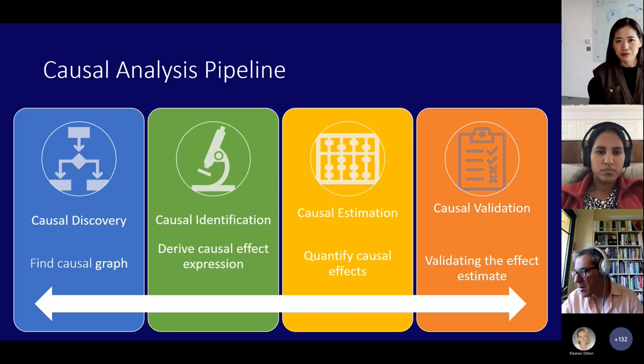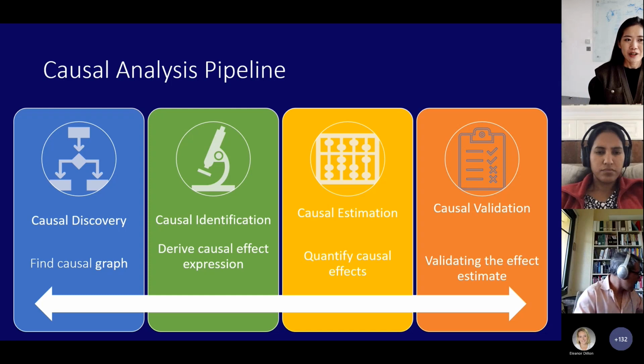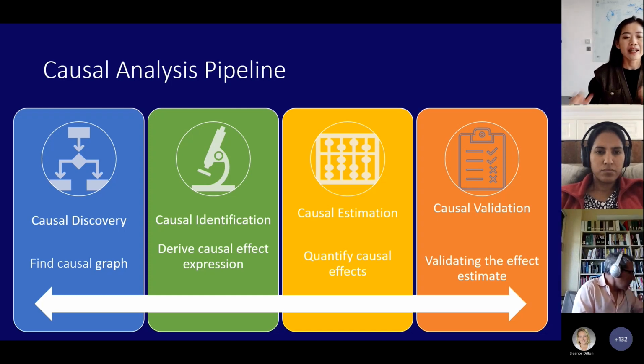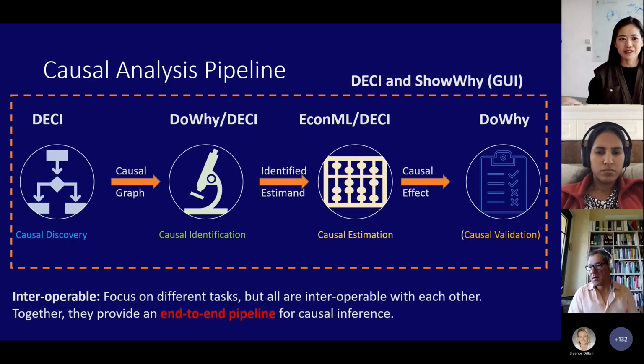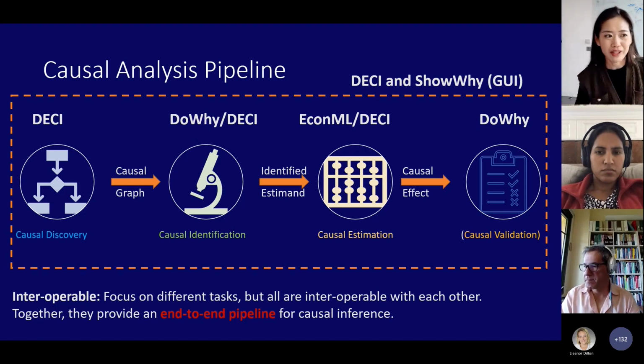One way to view the causal analysis pipeline is that we have causal discovery, causal identification, causal estimation, and maybe you want to do validation as well. Across Microsoft, in all different locations, we actually work together to enable the whole pipeline. In particular, I want to give you a sense of the different projects. Our project, DECI, is called End-to-end Causal Inference.